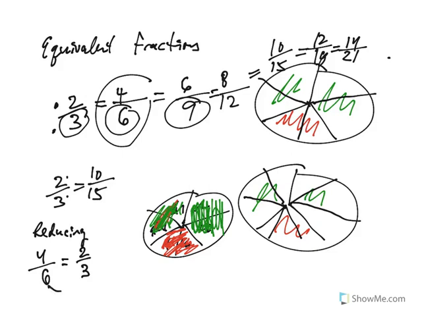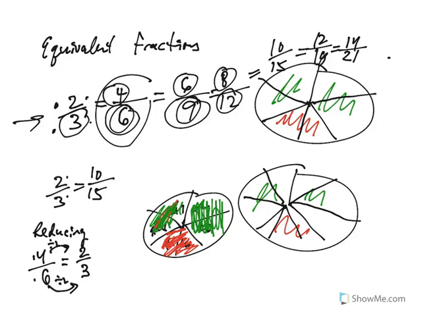Mathematically speaking, I turned each 2 pieces into one piece, which is a form of division. Like 6 divided by 2 is 3, and 4 divided by 2 is 2. So we can always make equivalent fractions by multiplying the numerator and denominator by the same number. I could pick a number and just multiply top and bottom by it. But reducing is a little harder, because whereas I can multiply top and bottom by anything I want, I can only divide top and bottom by a number that goes into both 4 and 6.